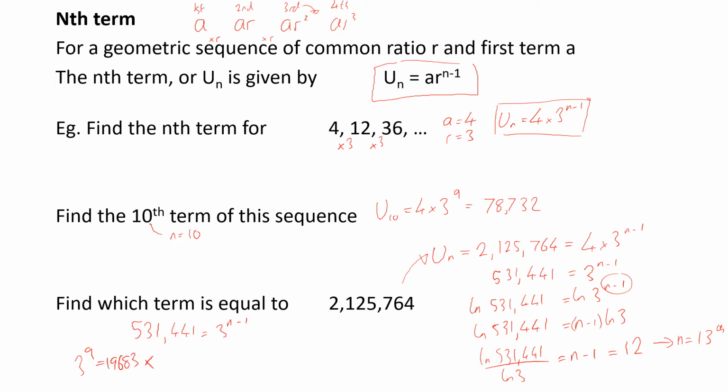If I increase it a little bit, if I go up to 3 to the power of 11, I get 177,147, so that's not quite right. And through process of elimination, I'll get that 3 to the power of 12 is the number that I want, and so n minus 1 is equal to 12, and so n is equal to 13. Kind of up to you which way you want to go. They both work. Some will be faster in different situations.